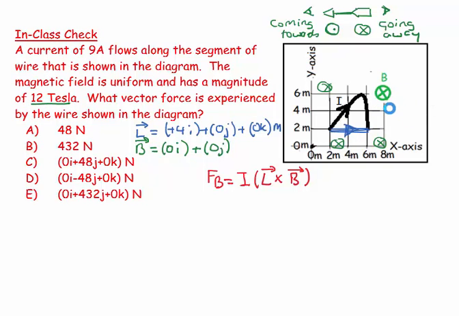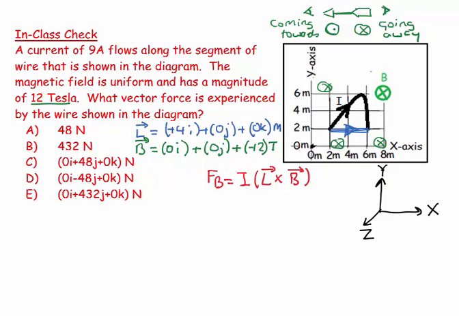But it's going away, so it's negative 12 Tesla. I have to invoke the way we do our axes in physics: we have x, we have y, and then the positive z comes out of the page towards you. So when something is going into the page, it's negative z.